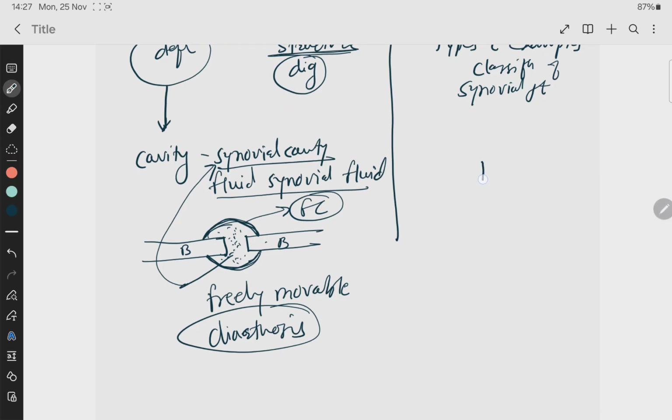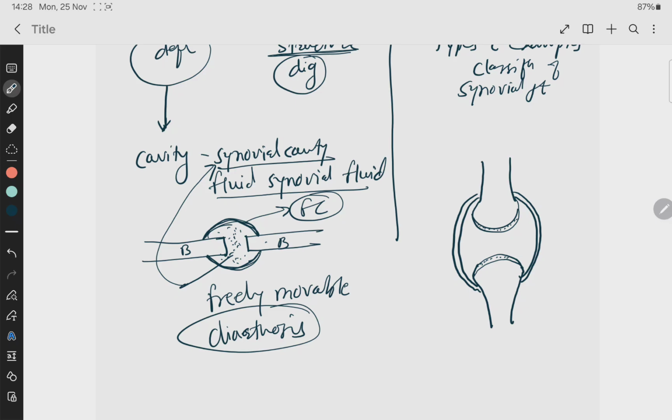Then you have to draw the diagram. So this is the end of the one long bone, okay, which is covered by this cartilage, okay, that is called as articular cartilage. This is the other end of the long bone, okay, which is covered by the articular cartilage, okay. Then these 2 bones are connected by this fibrous tissue, okay.